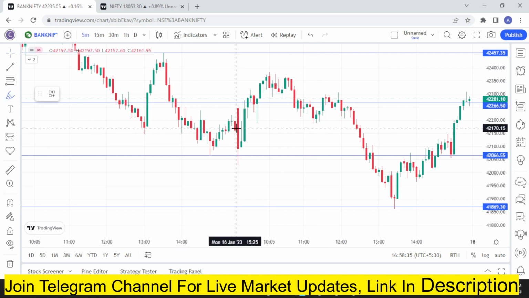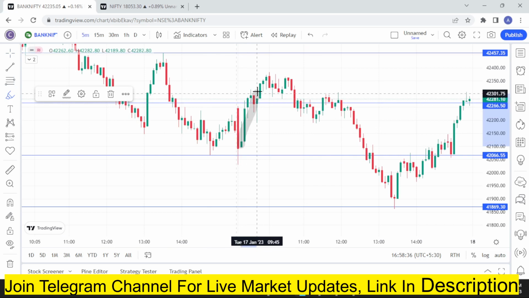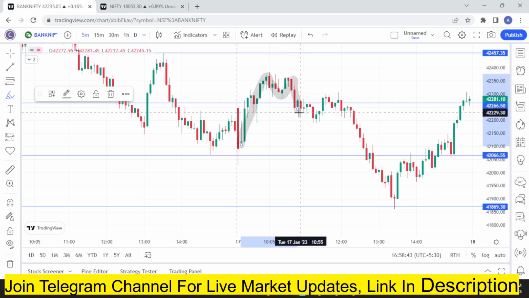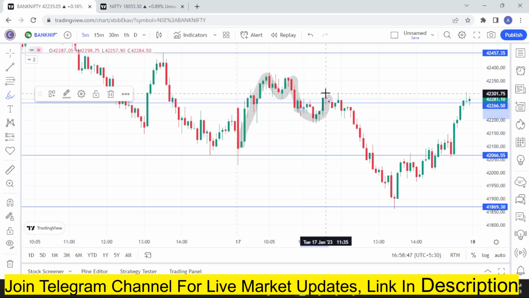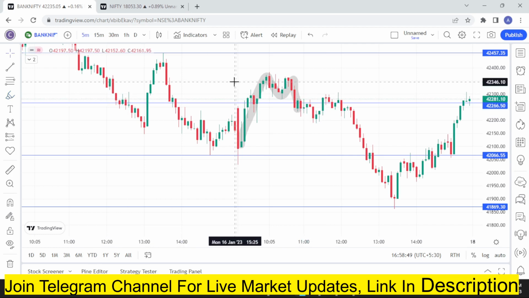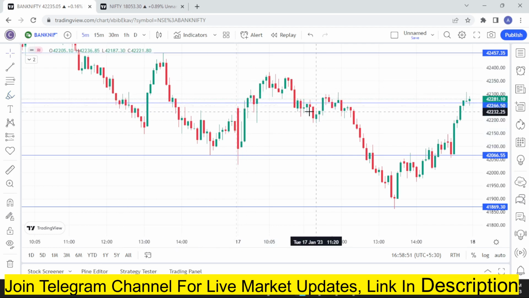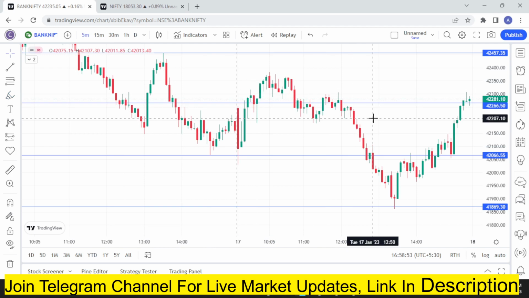How do I decide the pattern is good? If you see, the market moved like this and made a small M kind of pattern like this and gave a breakout from here, and again went back to here to retest. Before this breakout I was waiting with two high probability patterns.